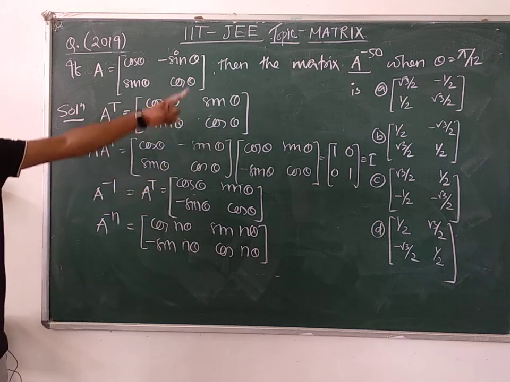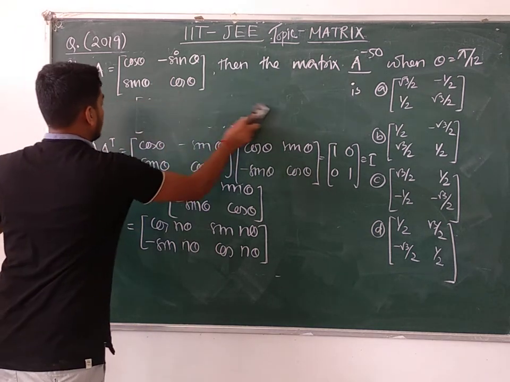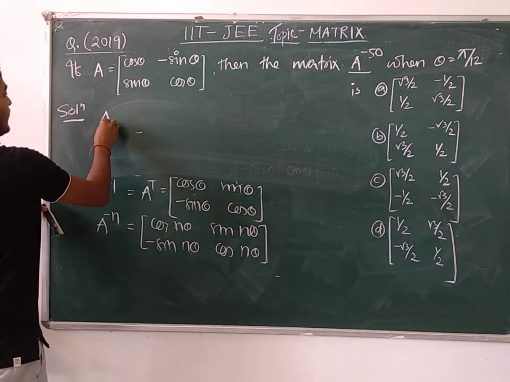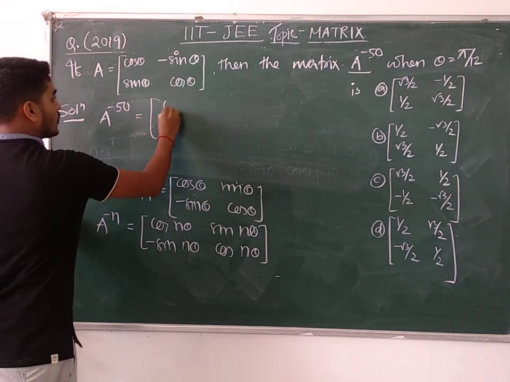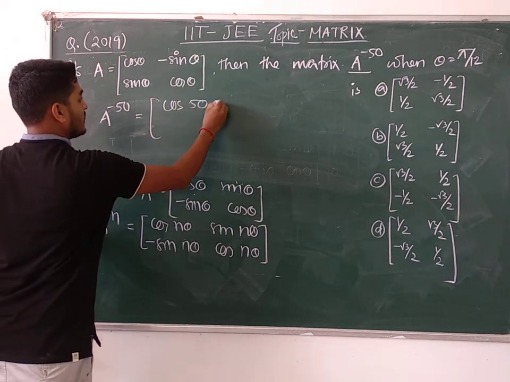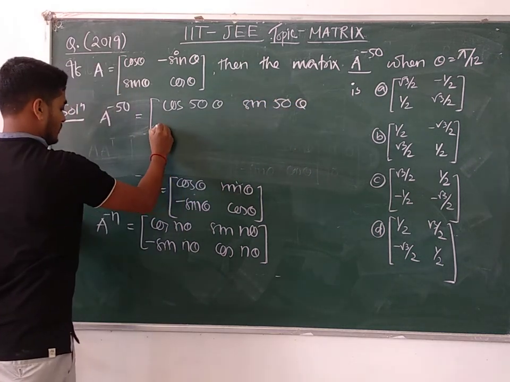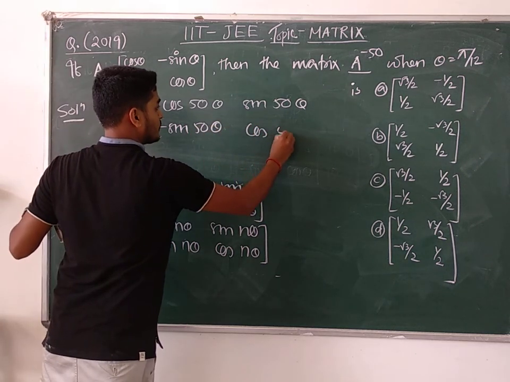Now what will you find out? You have to find the value of A to the power minus 50. That means A inverse whole to the power 50 is equal to cos 50 theta, sin 50 theta, minus sin 50 theta, then cos 50 theta.